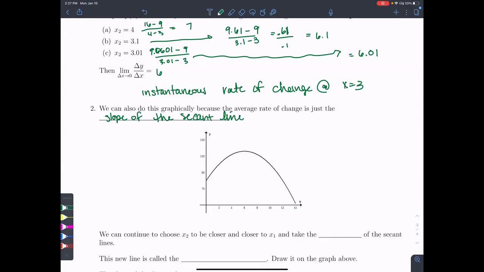If you look here, you can tell that the slope is 0. I'm not going to tell you what that's called yet. You can tell the slope there is flat, so the instantaneous rate of change there is 0. Now you take some value here, you've got this line, that is the secant line.